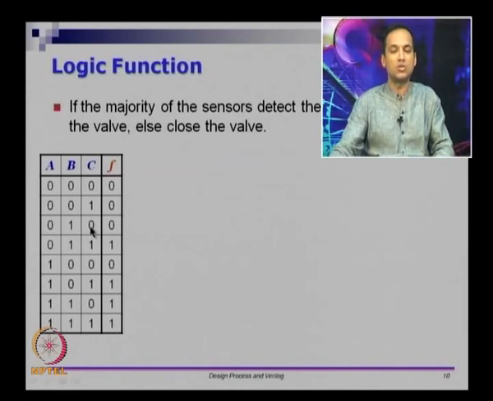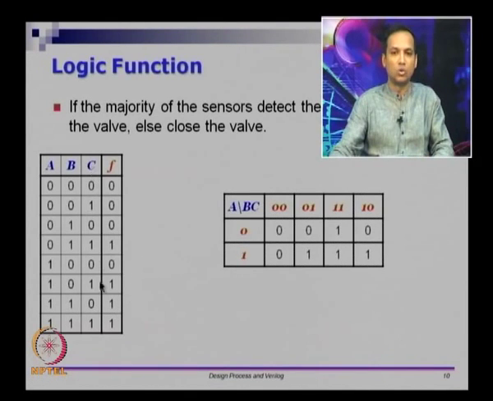We do not know whether there is a flame or not, but the majority says there is no flame, so we will say that there is no flame. Similarly, if 2 of them say there is a flame and 1 says there is no flame, the majority says there is a flame, so we will use 1. So that is the truth table.